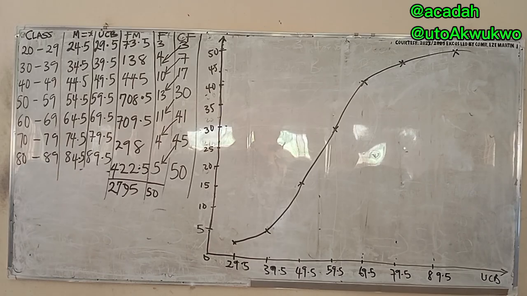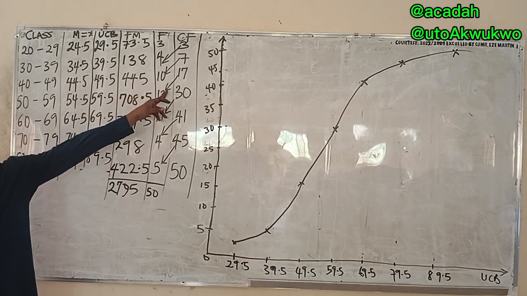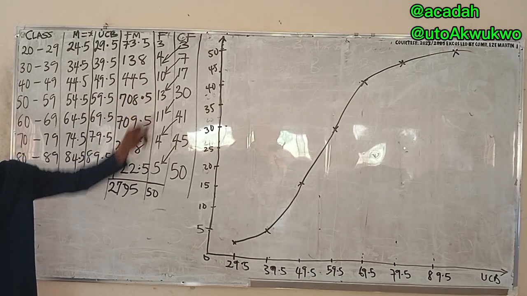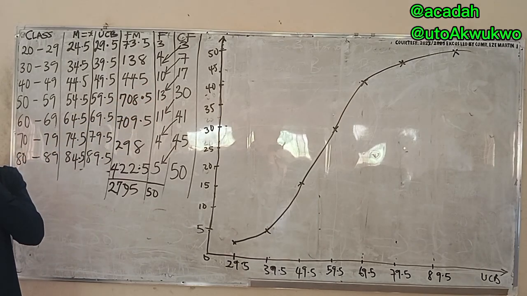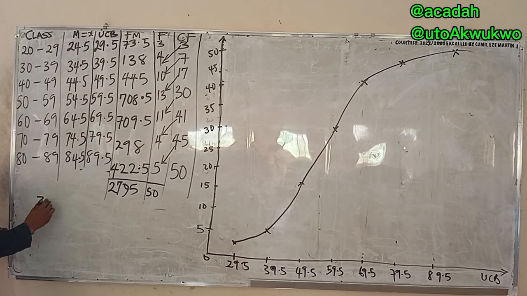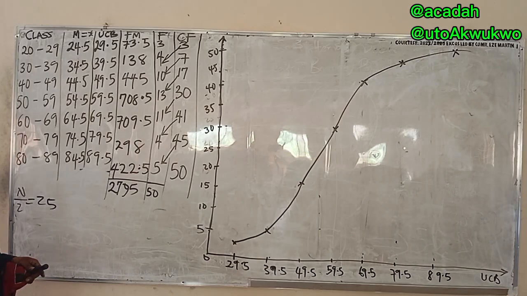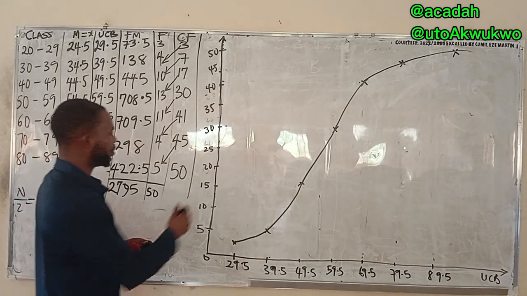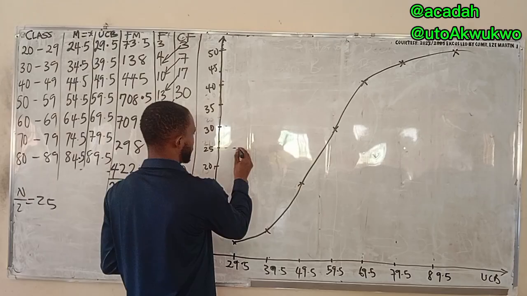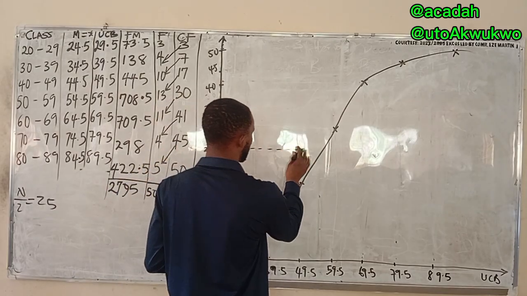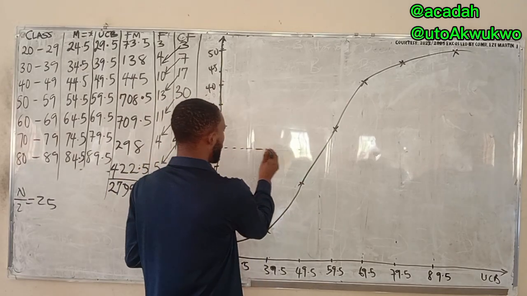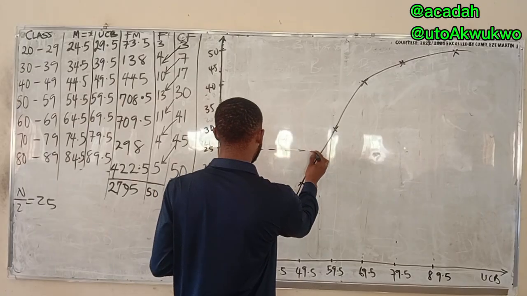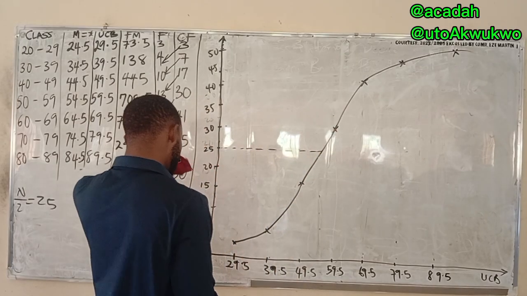Now that we have this, to find median, this is the frequency 50. 50 divided by 2 is 25. N over 2 equals 25. Remember that if that is the case, I will come here. And please, why is it important to measure it properly?